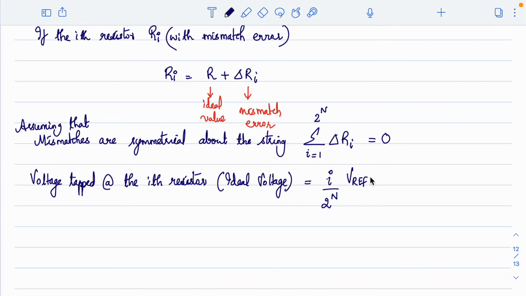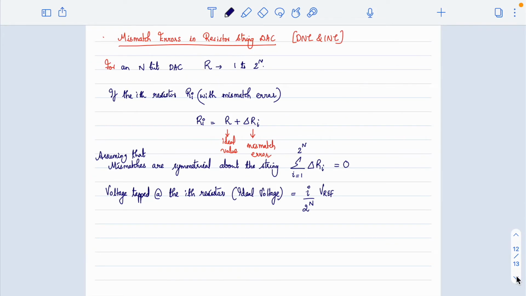So what I am going to do now is arrive at a generalized expression for the calculation of nonlinearity of this DAC, both INL as well as DNL. For that, what I have done first is assume an n-bit DAC. In that n-bit DAC, all the resistors will have mismatches. If I am considering the ith resistor, that mismatch error I am including as delta Ri.